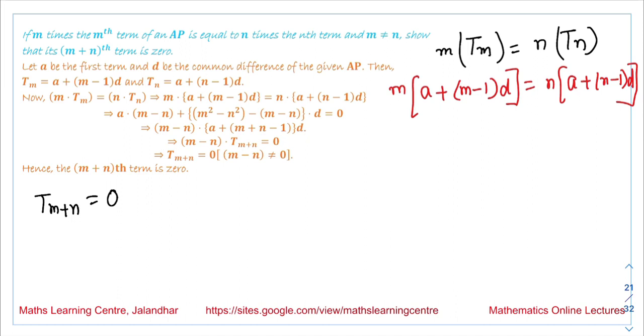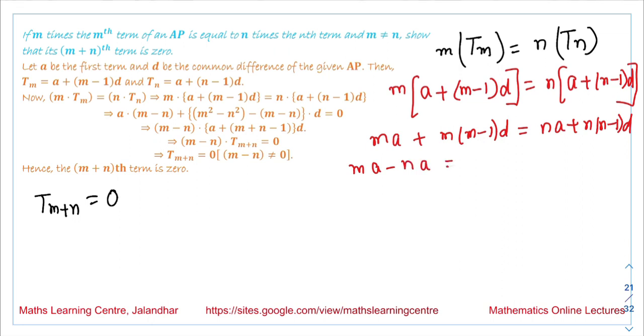So when we simplify this, we get ma plus m into (m minus 1) d, that is equal to na plus n into (n minus 1) d. Now this gives us ma minus na, that is equal to n into (n minus 1) d minus m into (m minus 1) d.